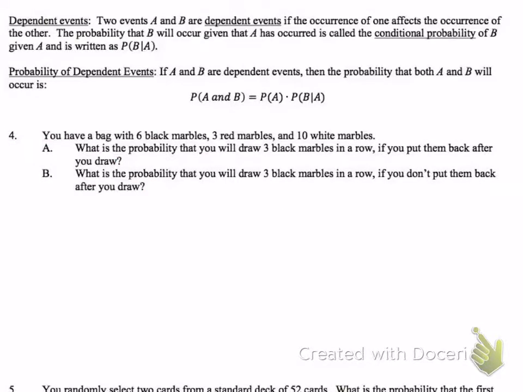Okay, so dependent events, we saw a little bit of dependent on number 3. But when you think about dependent, it's whenever you don't replace something, without replacement. So my probability is changing every time. So when I hit shuffle on my playlist, I'm getting one less song each time out of the batch of songs to choose from. So this formula right here you will also be given, but I don't necessarily look at the formula because I more just think about what it looks like whenever you don't have replacement.